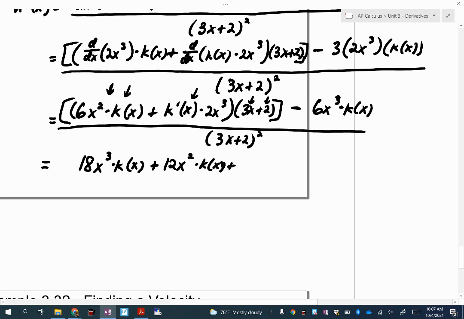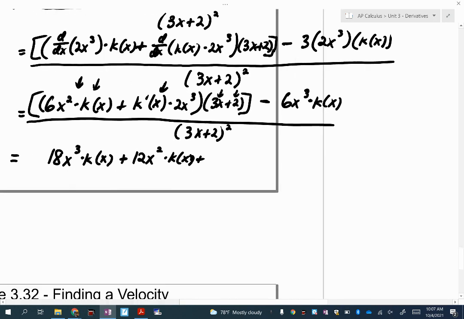Okay. Plus, now I'm going to redo this with the k prime of x times 2x cubed times each of those pieces.